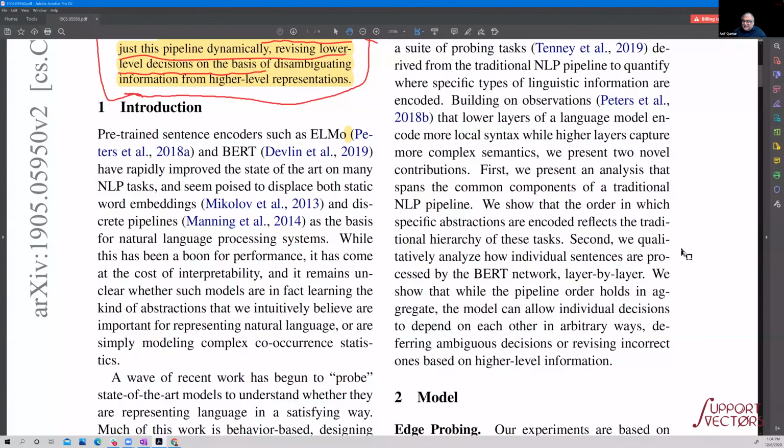Also, we have done that. Secondly, we quantitatively and qualitatively analyze how individual sentences are processed by the BERT network, layer by layer. We show that while the pipeline order holds in aggregate, the model can allow individual decisions to depend on each other in arbitrary ways. Right? Deferring ambiguous decisions or revising incorrect ones based on higher level information.